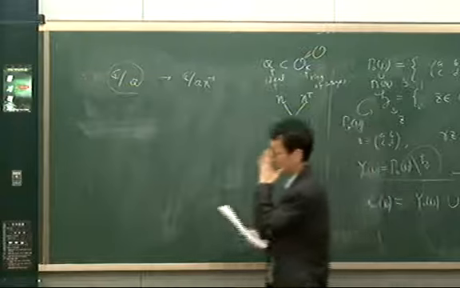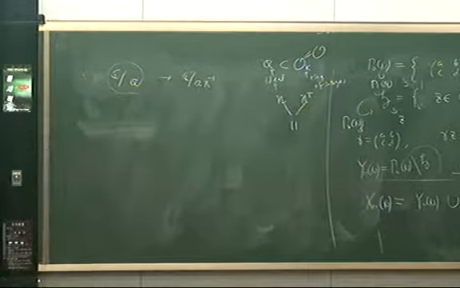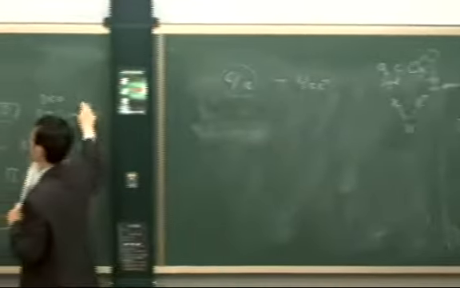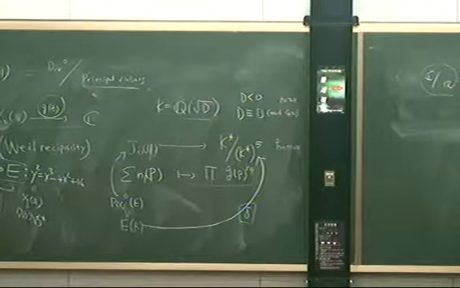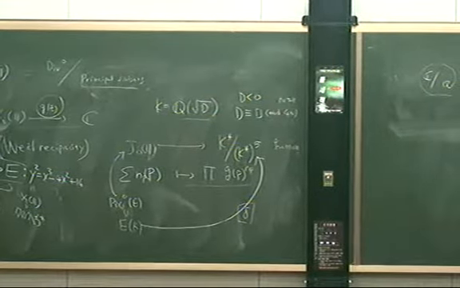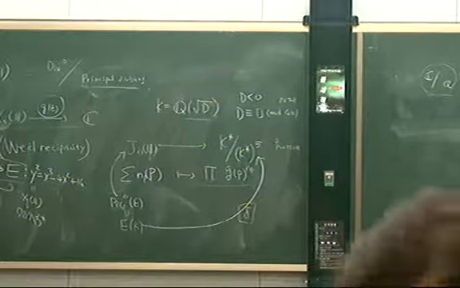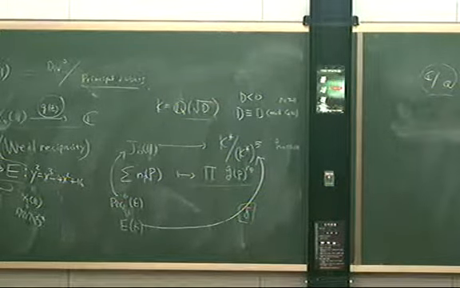If we impose a certain condition, D is congruent to a certain square mod 4n, and here n equals 11, then this 11 splits in the complex quadratic number field.